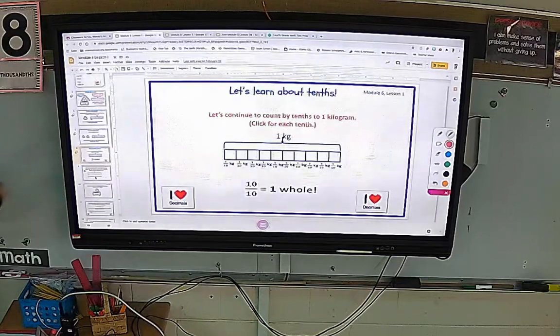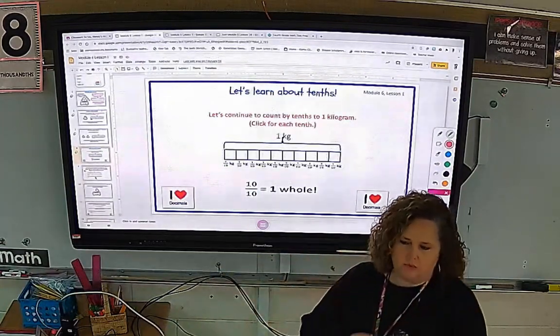Now, really and truly, in 4th grade, we're going to stop right about here. We're going to go to these 2 places, just because we're getting comfortable with decimals. When you get into 5th and 6th grade, you'll do more with it. You'll understand what they are, so you're ready to do more with them. But we just want to get a really good understanding.